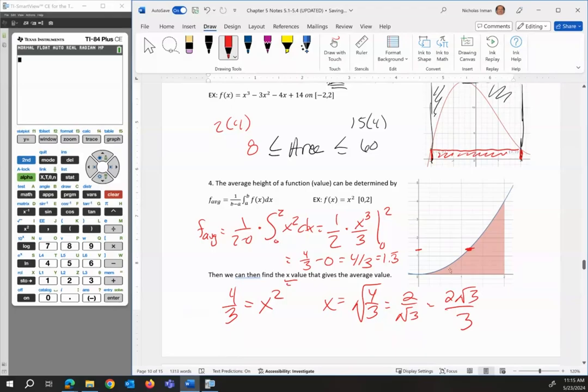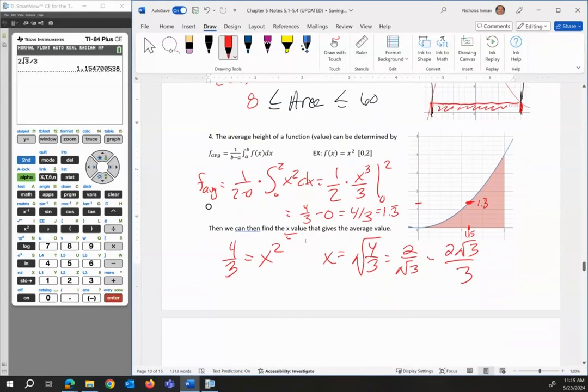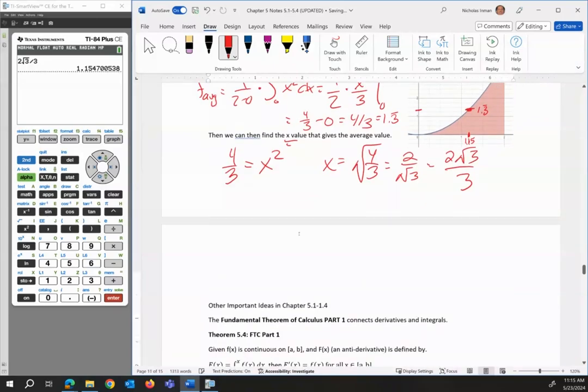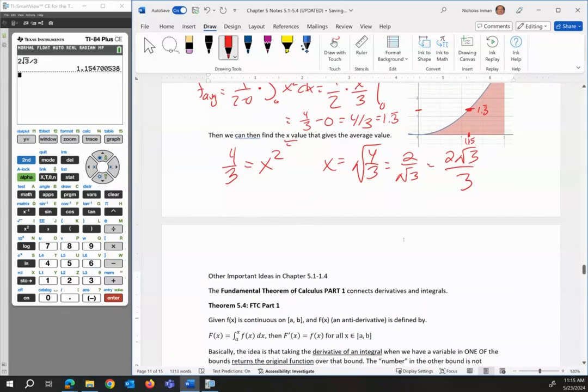Not a pretty number. So about 1.15. Yeah, that makes sense. So we can find average heights using that little formula. And I'll pause it.